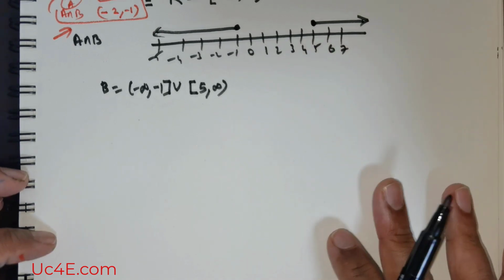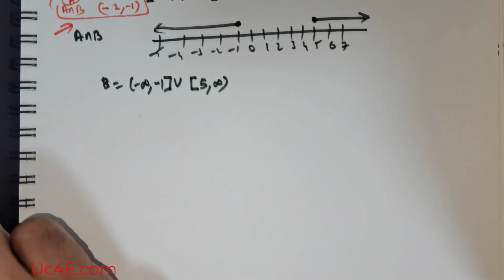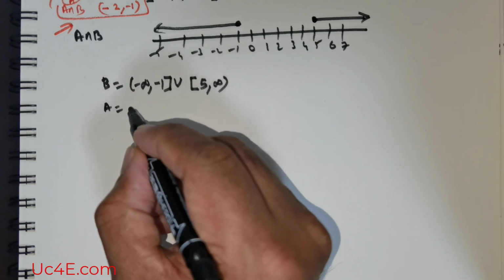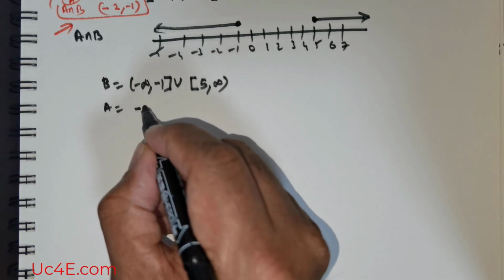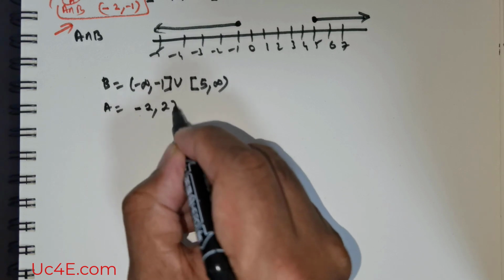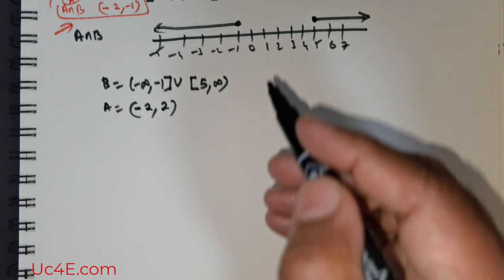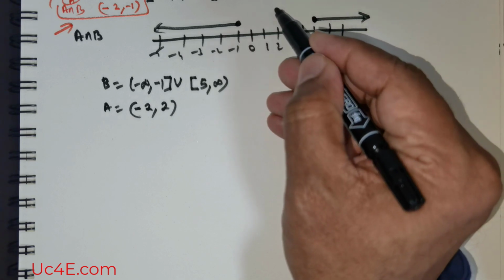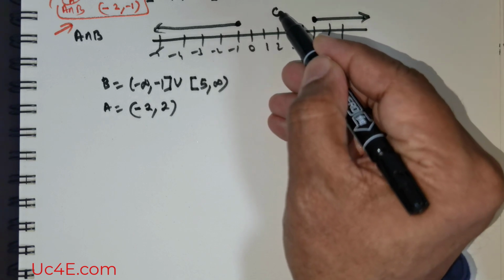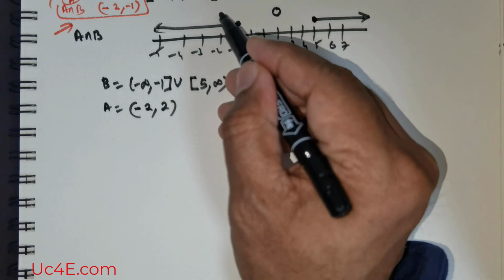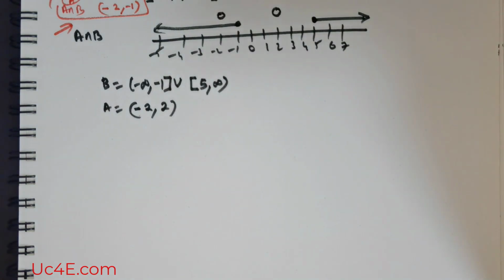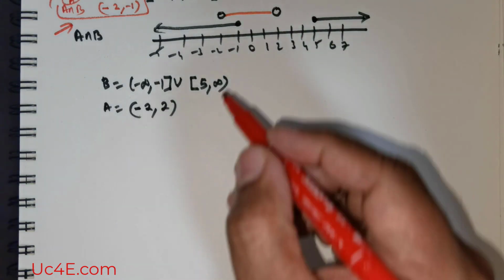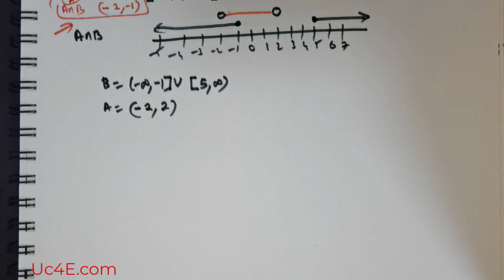Now we will have to put in the value for A. What is A? A is actually between negative 2 and 2. This is the set A. So if I were to place it, this is going to be open, this is going to be open, and this is the region that we are talking about.